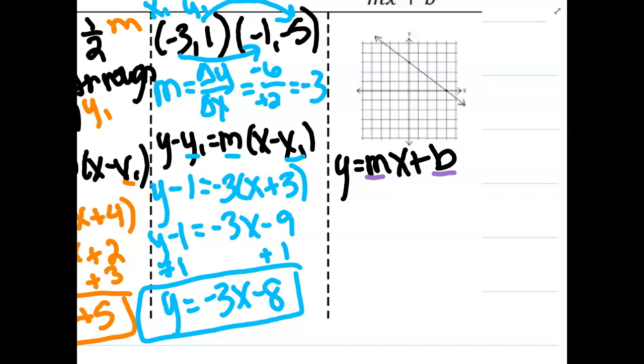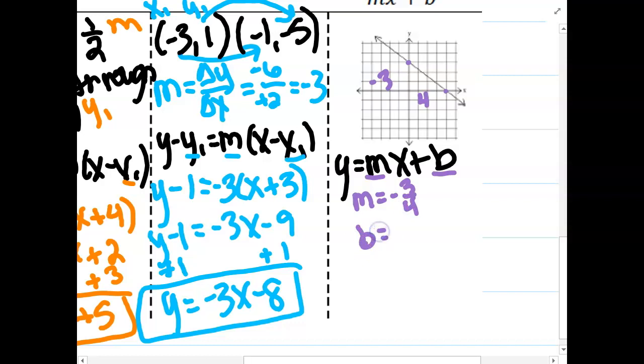So on your graph, if you were to start at this point and get to this point, how far would you have to rise? You'd go down, how many? You would go down 3. So the rise is -3. And how far would you run? 4, right? 4. So your slope is -3/4.